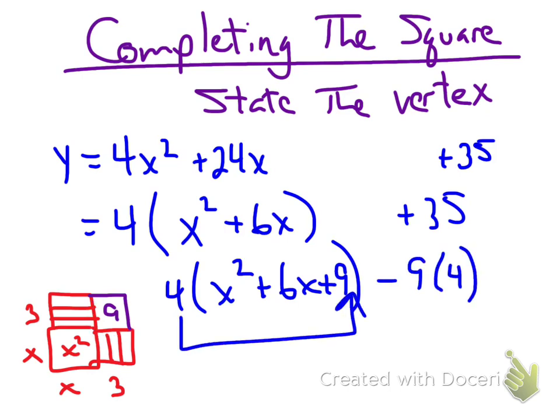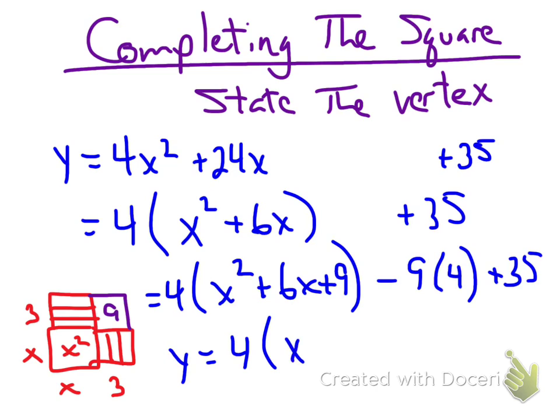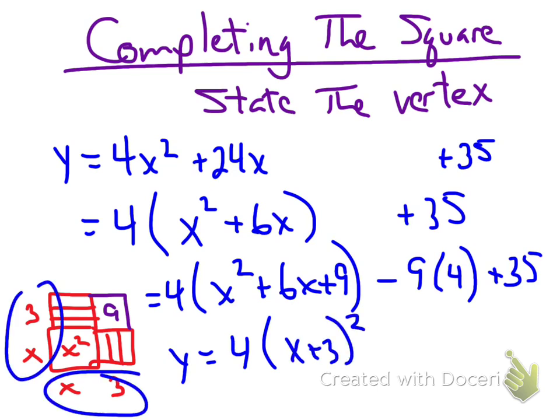See how I take those two and multiply them together? Plus 35. So y equals 4(x plus 3) squared. That is an x plus 3 squared. This is negative 36. Plus 35 is minus 1. So my vertex is at negative 3, negative 1. I have a stretch factor of 4. Hope that helped.